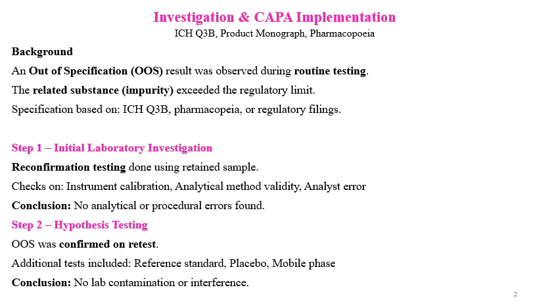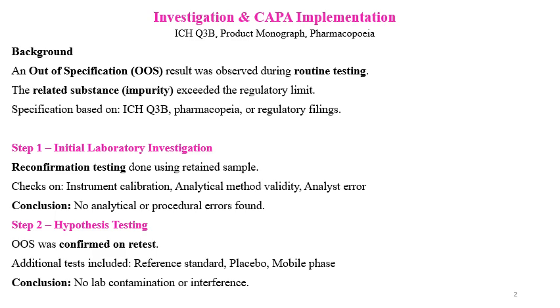So first, initial laboratory investigation is done, and second, the hypothesis testing is done to confirm whether it is an actual OOS or whether it is an error. The results are because of the error, or these are the true results.